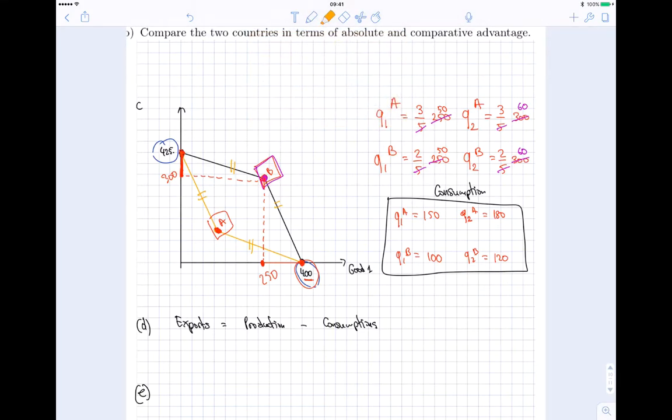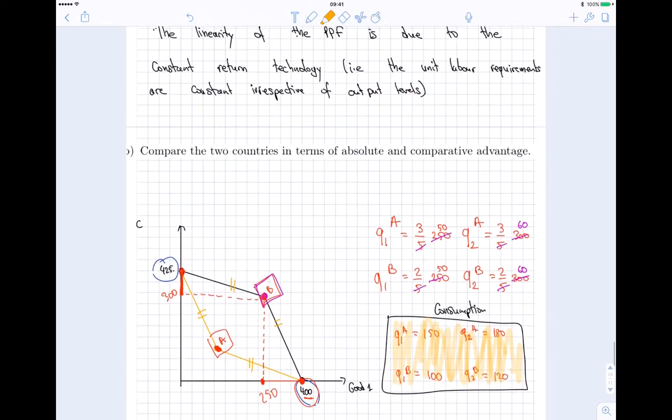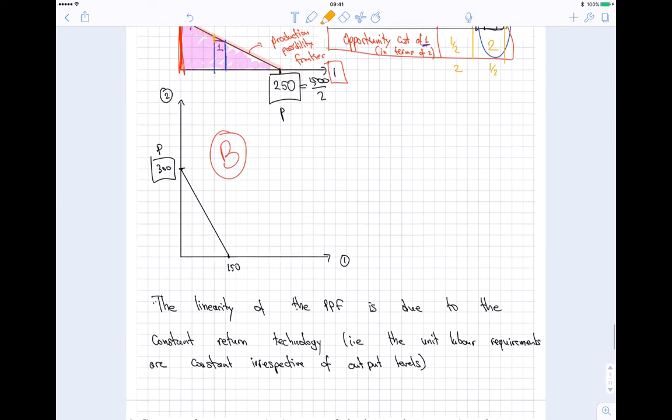Yeah, the only thing that we need to do is compare the consumption only, okay? Compare the consumption that they're having. What I would do is place this consumption in the autarkic case, okay? So what I would say here is that for country A, we have 150, 180, right?